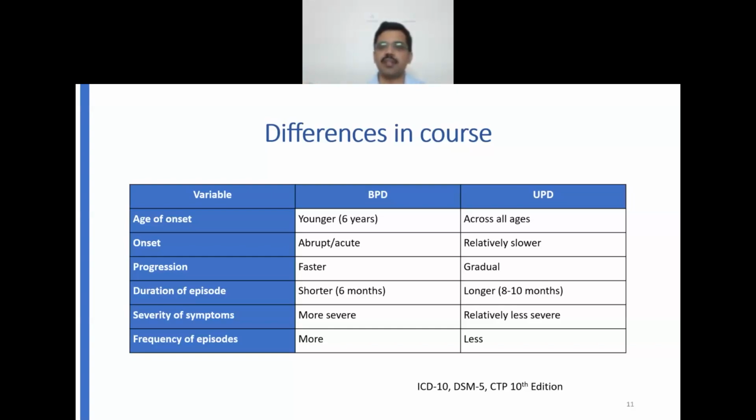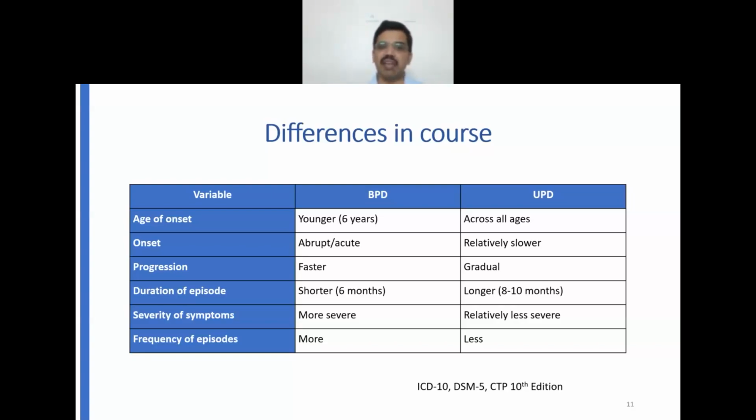The age of onset in bipolar depression is usually younger, around 6 years younger as compared to the onset of unipolar depression, which can present across all ages. In bipolar depression, the onset is usually fast, abrupt or acute, as compared to unipolar depression, and the progression is faster, reaching very high severity in a very short period of time.